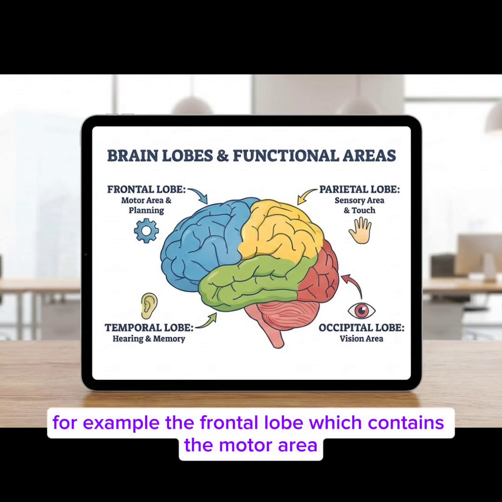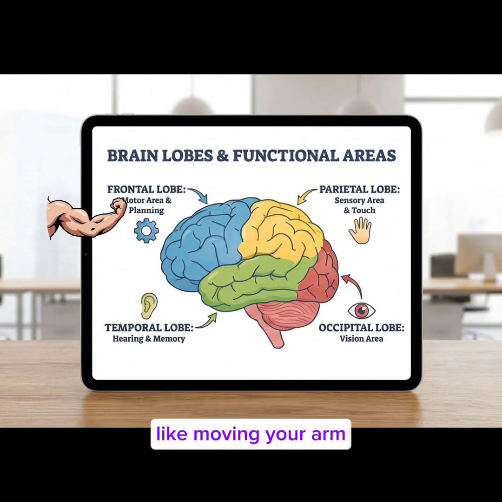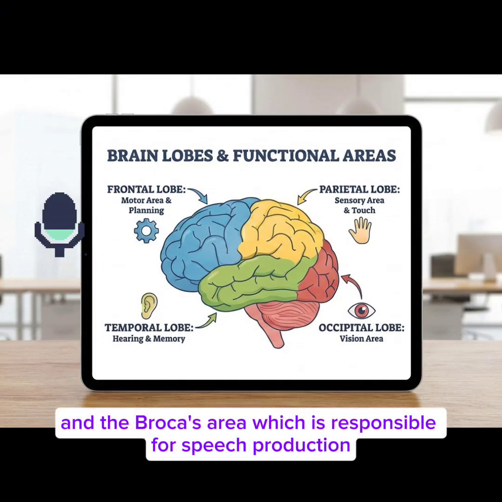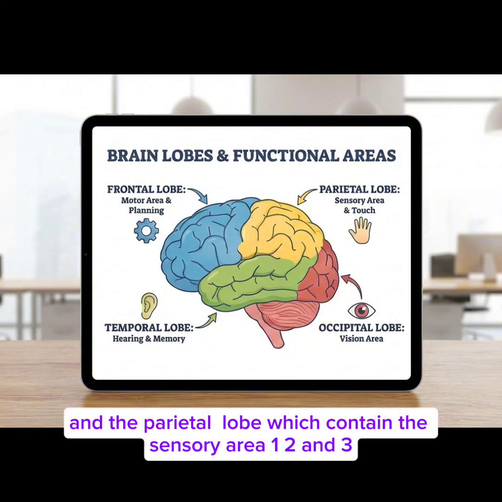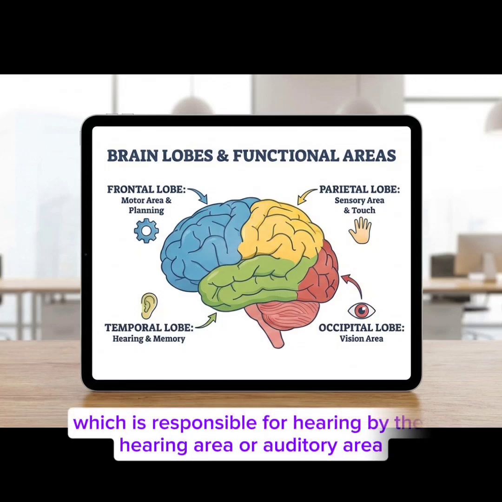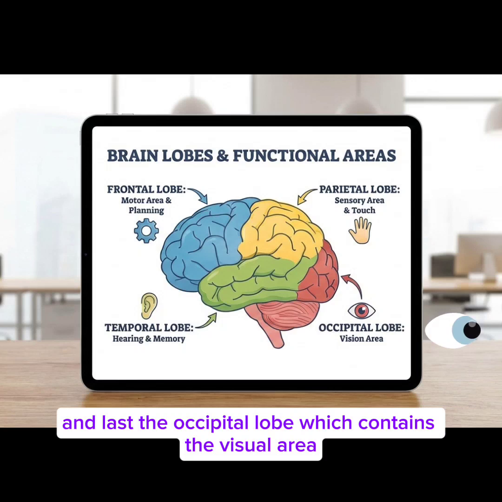For example, the frontal lobe, which contains the motor area, which is responsible for initiation of voluntary motor activity, like moving your arm, and the Broca's area, which is responsible for speech production, and the parietal lobe, which contains the sensory areas 1, 2, and 3, and the temporal lobe, which is responsible for hearing by the hearing area or auditory area, and last, the occipital lobe, which contains the visual area.